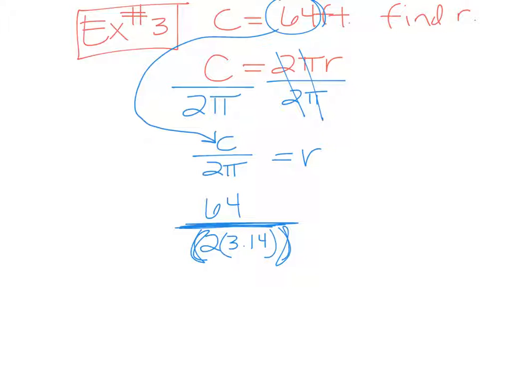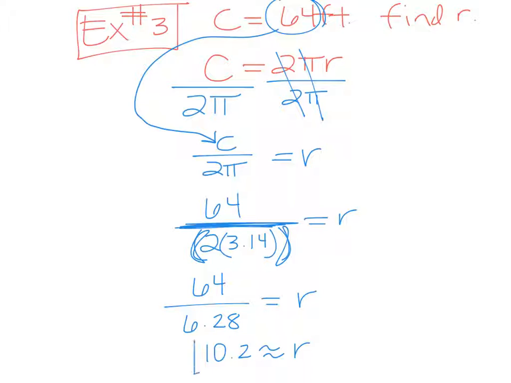So 2 times 3.14, you get 64 divided by 6.28, and that should be your radius. So you plug that in, 64 divided by 6.28. And if we round that, that radius is approximately 10.2.